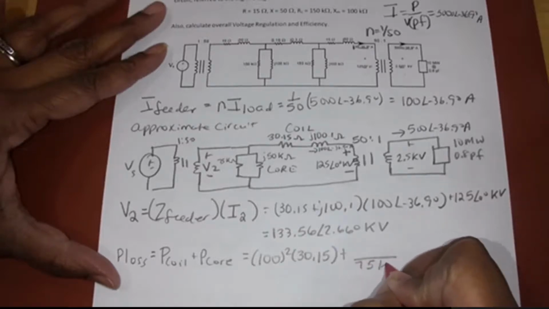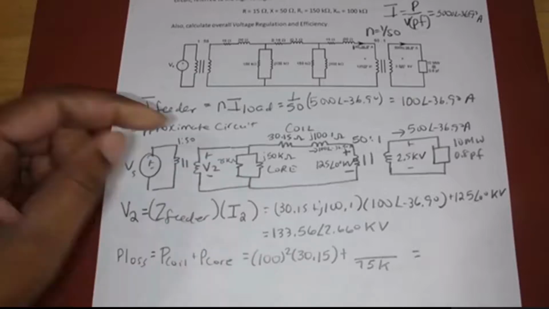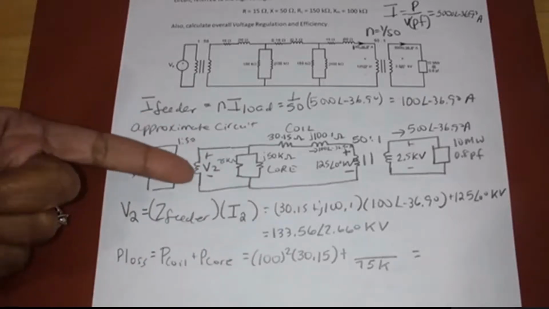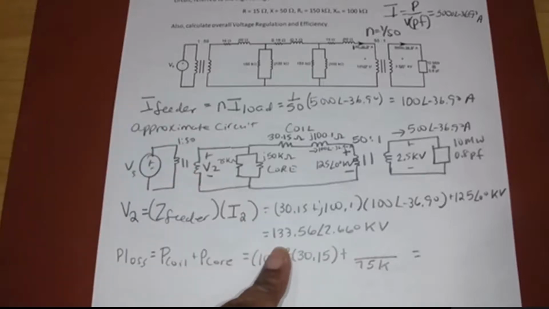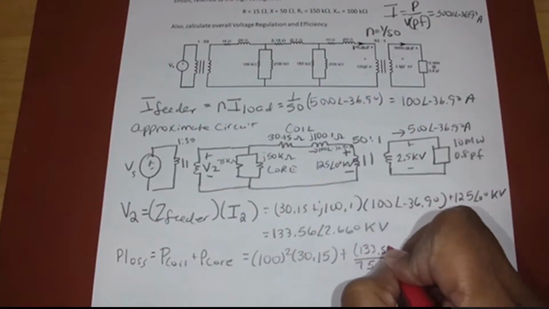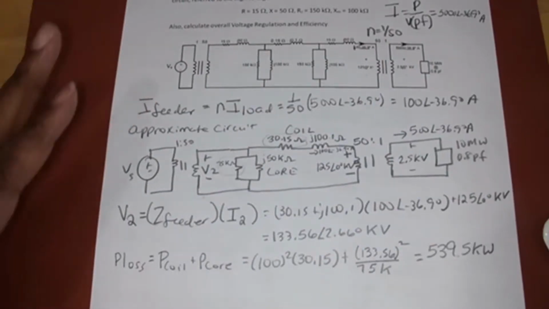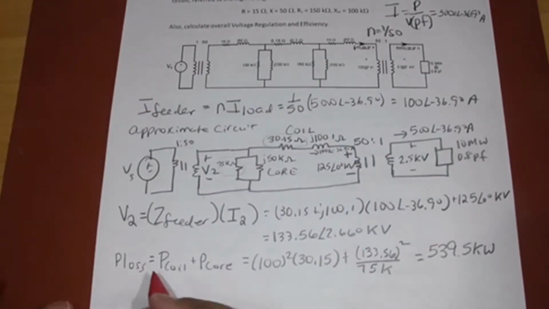What is VP? VP, according to our formula, would be the same as V2 here, right? So it'd be the magnitude of V2, which is 133.56. 133.56 squared, okay? Find P loss, please. 539.5 kilowatts.